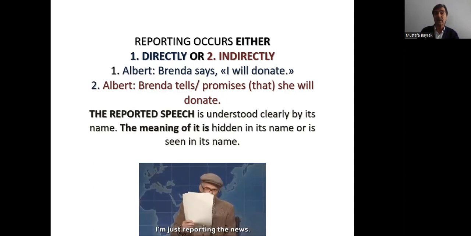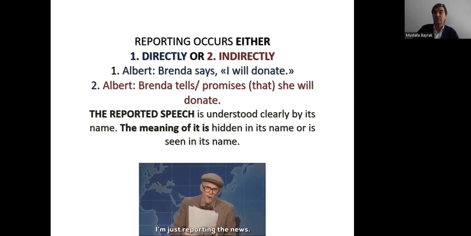Now the second type, Albert: Brenda tells that, or Brenda promises that she will donate. This is indirect speech. In number one, Albert reports directly, but in number two, Albert reports indirectly.